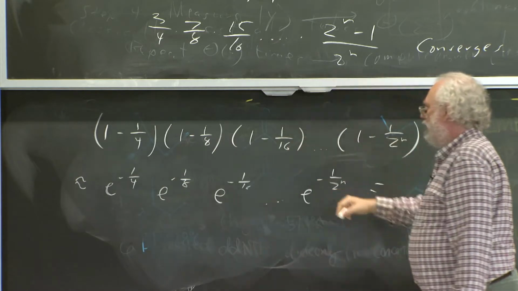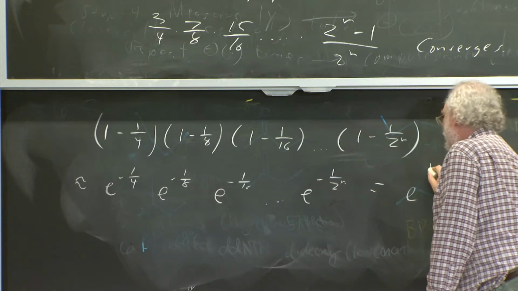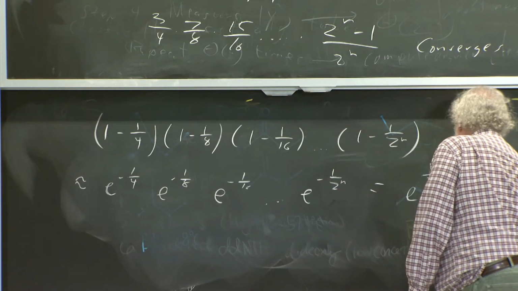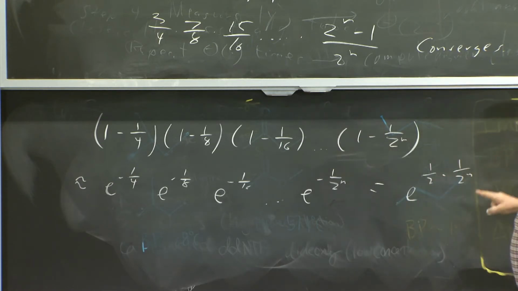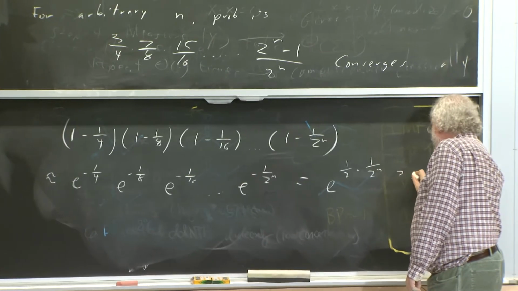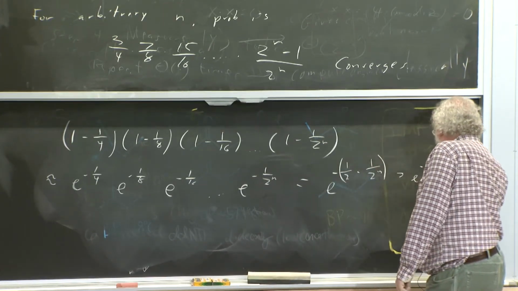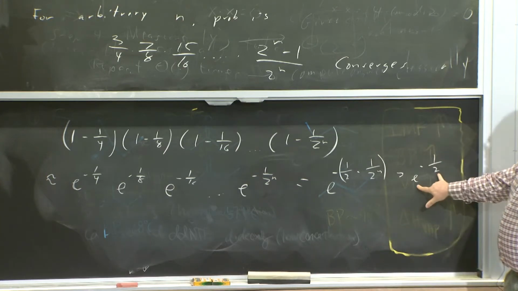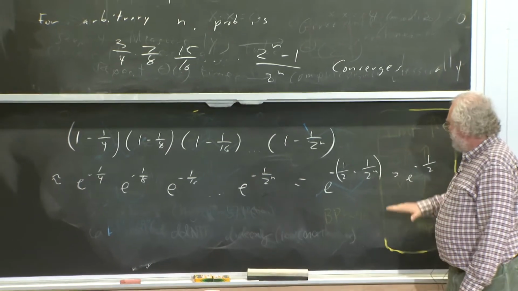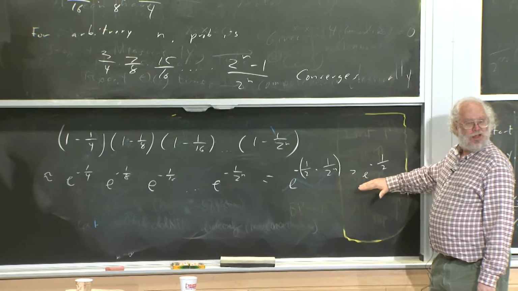And that is equal to e to the 1/2 minus 1 over 2 to the n. And I guess that is bigger than e to the minus 1/2. So it actually has a reasonable probability of converging.